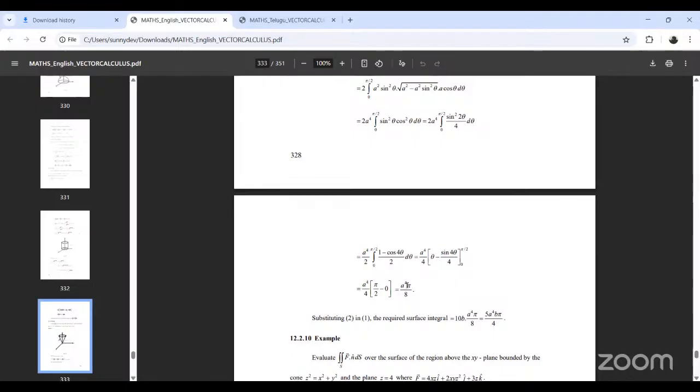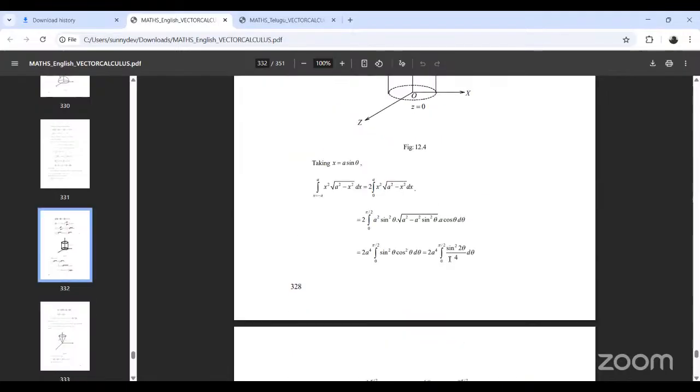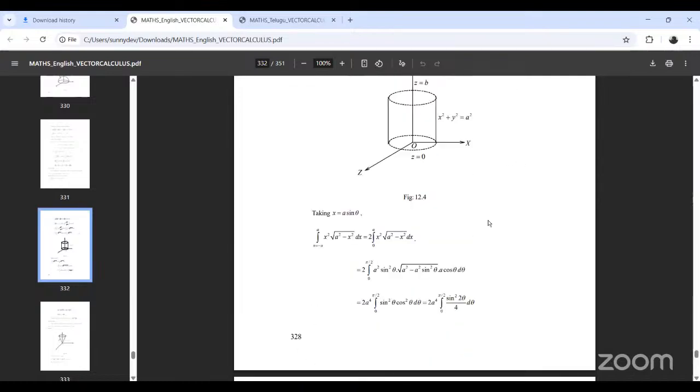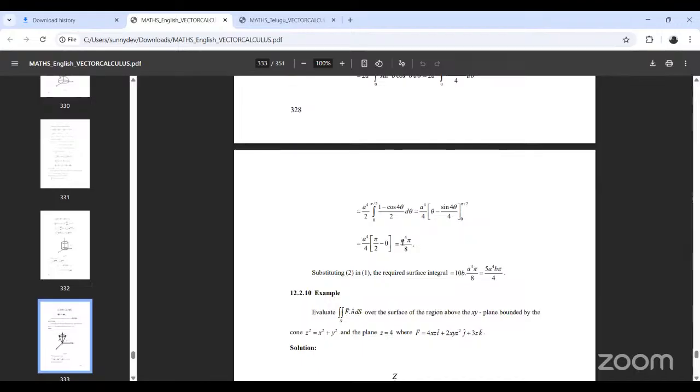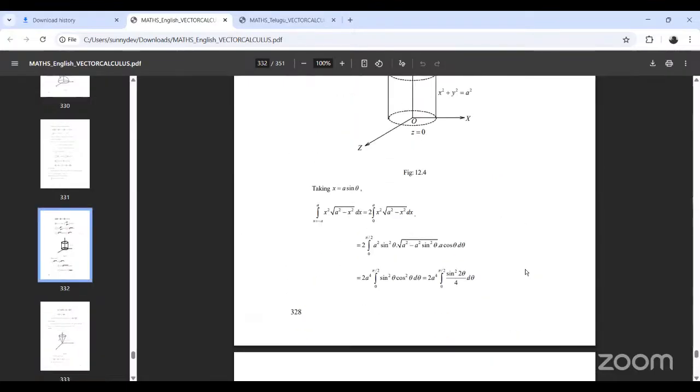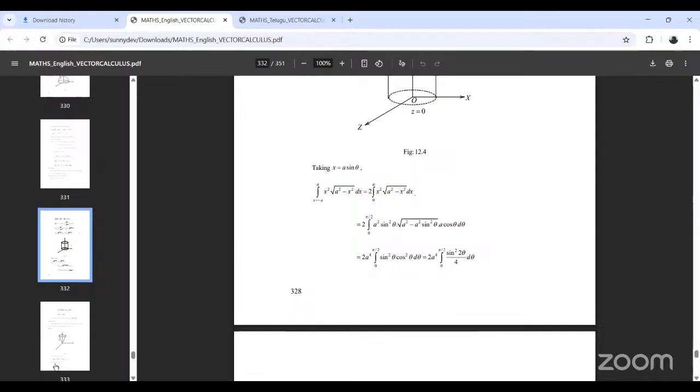This is the integration value, so multiplying by 4b, we get pi a power of 4 b by 4. This is the simplification part.